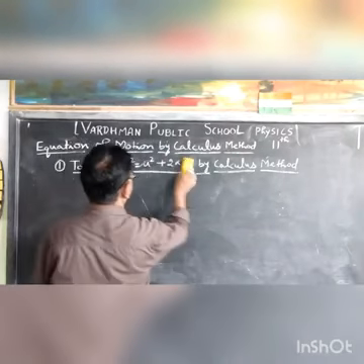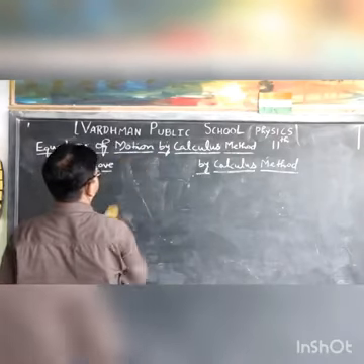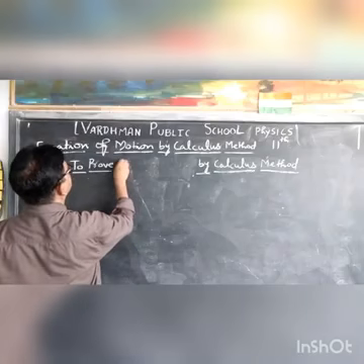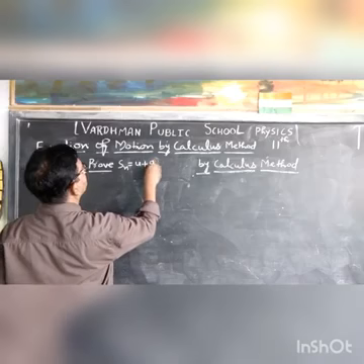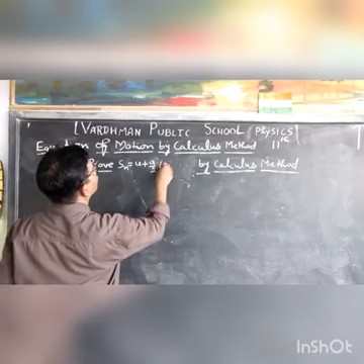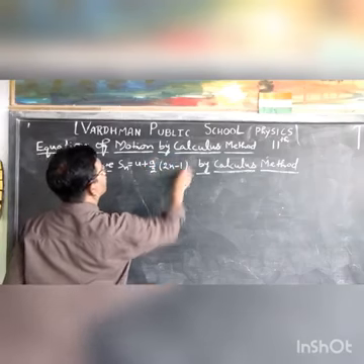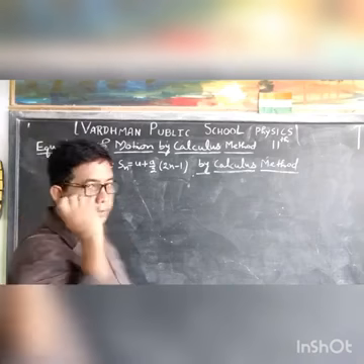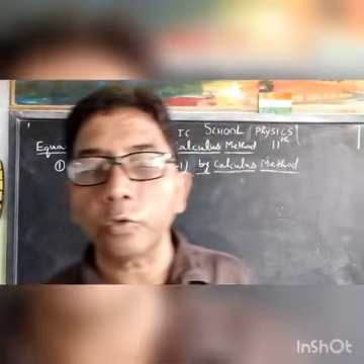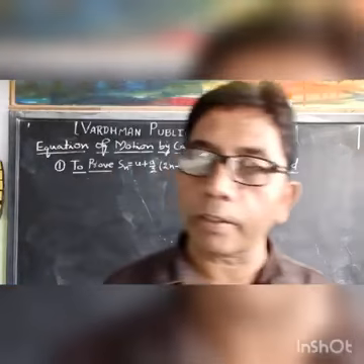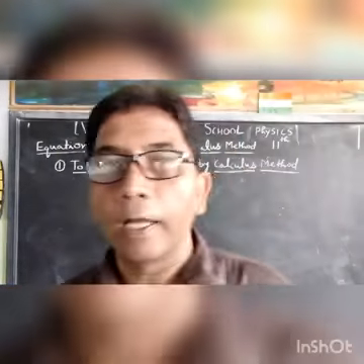Fourth equation of motion: Sn is equal to u plus a by 2 in bracket 2n minus 1. We will prove this by calculus method.